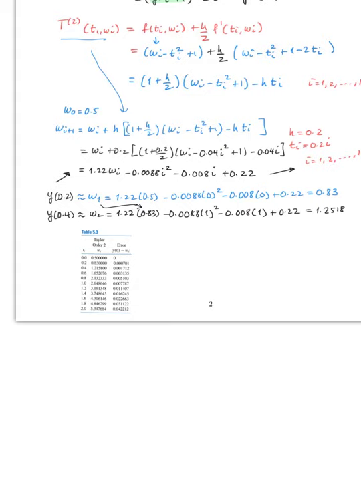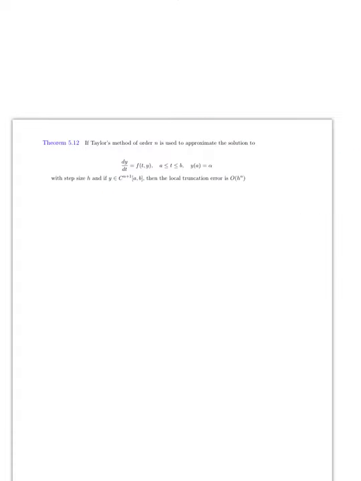And this brings us to the last part of this section, theorem 5.12, which is what we'll see on the next page. Theorem 5.12 says the following: if Taylor's method of order n is used to approximate the solution to the initial value problem with a step size h, and if y has n plus 1 continuous derivatives, then the local truncation error is equal to O of h^n.